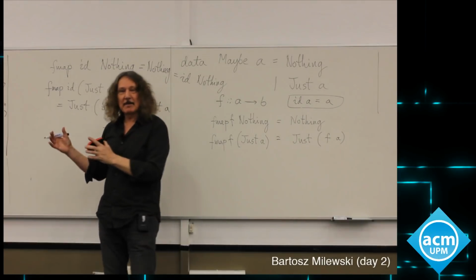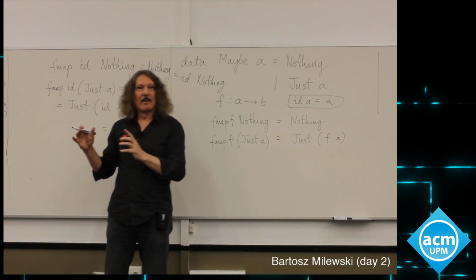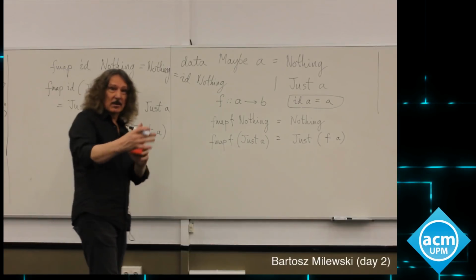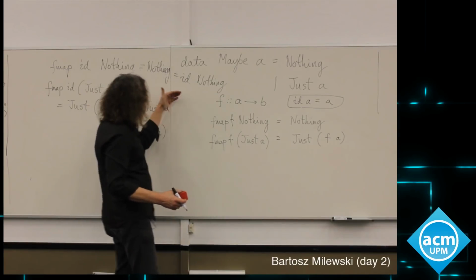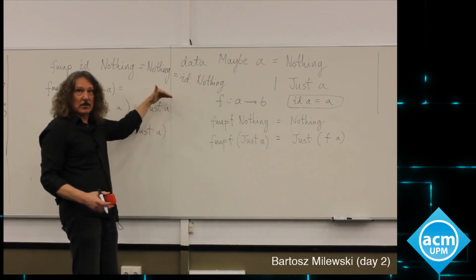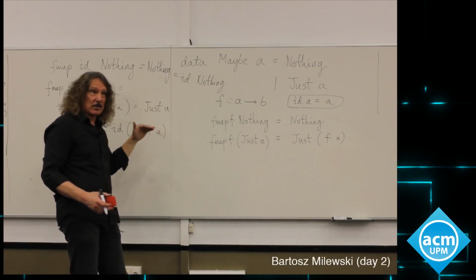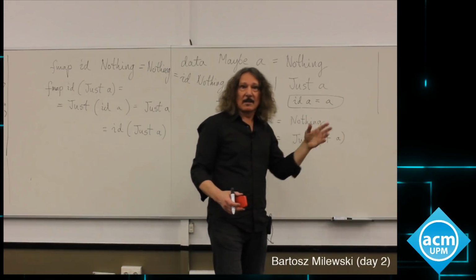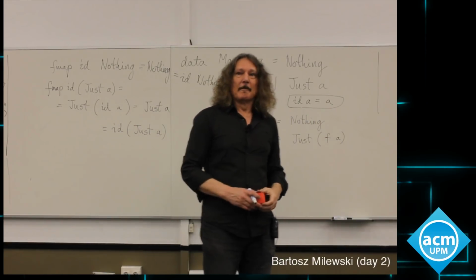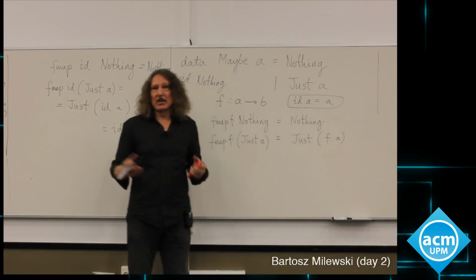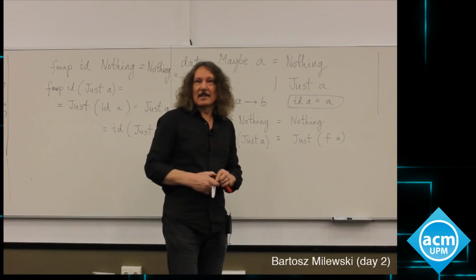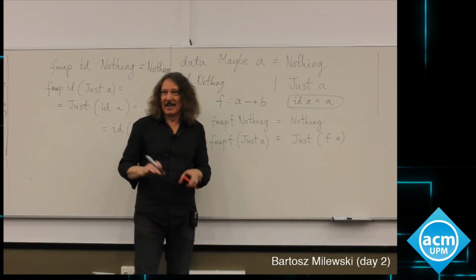And you can do the same kind of reasoning for composition, that composition goes into composition. Again, by cases: you do it for Nothing, and you do it for Just. And you just replace equal things with equal things, and you get it. So people usually don't do this unless they suspect that something might be a little funny.